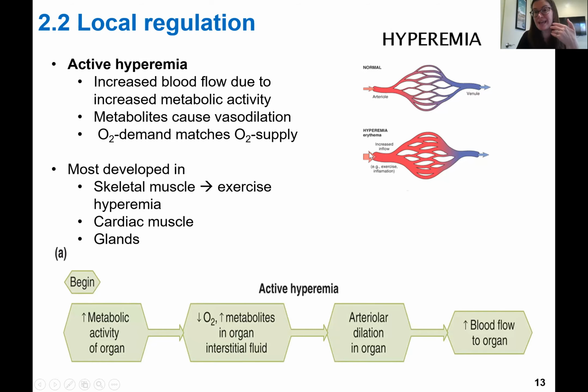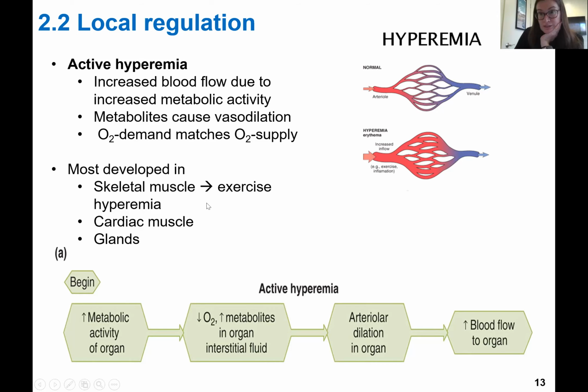And you're going to get more vasodilation. So you're going to get inhibition of contraction, more vasodilation, more blood flow through that capillary bed to help feed that tissue what it needs. So the metabolites cause vasodilation, which gives you an oxygen supply that matches oxygen demand, or the supply matches the demand.